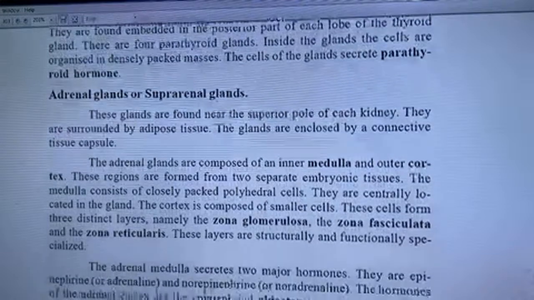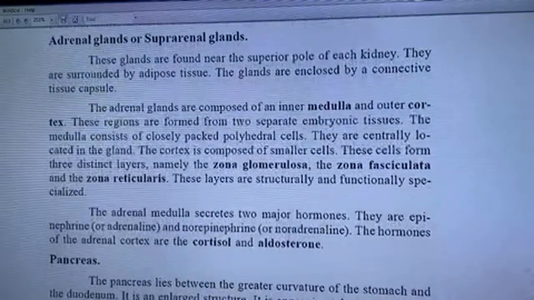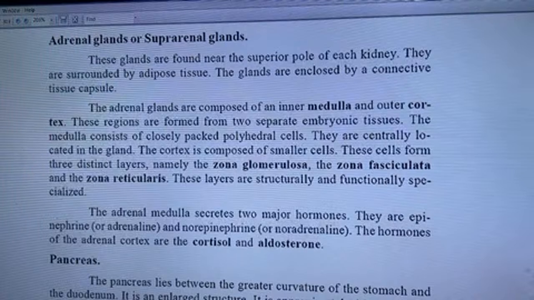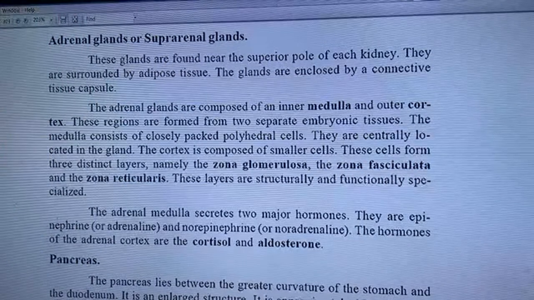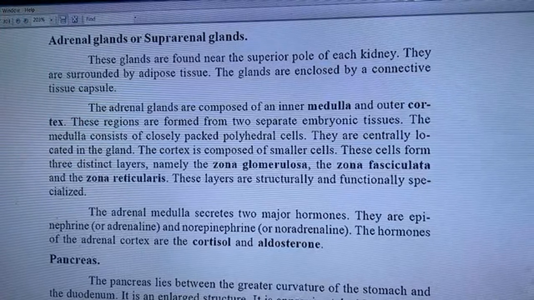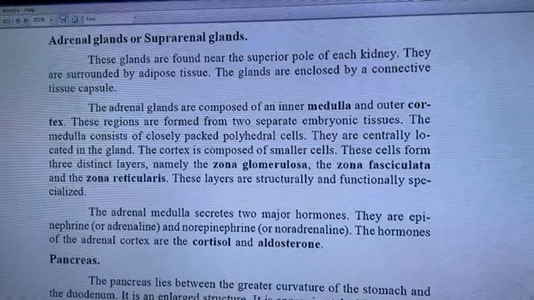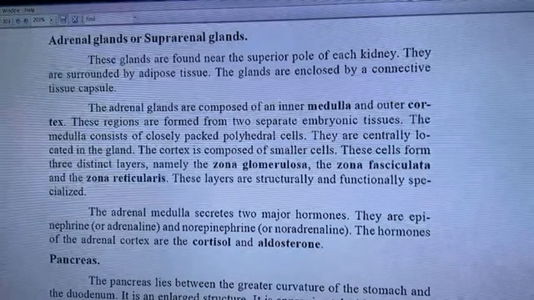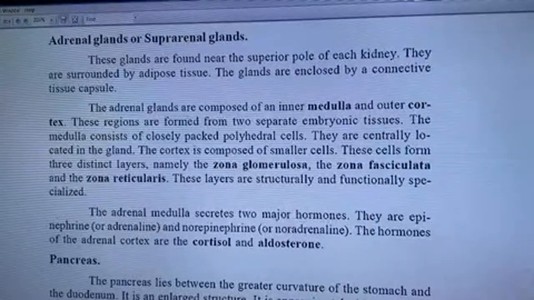Adrenal glands are suprarenal glands. These glands are found near the superior pole of each kidney. They are surrounded by adipose tissue. The glands are enclosed by a connective tissue capsule. The adrenal glands are composed of an inner medulla and outer cortex. These regions are formed from two separate embryonic tissues.